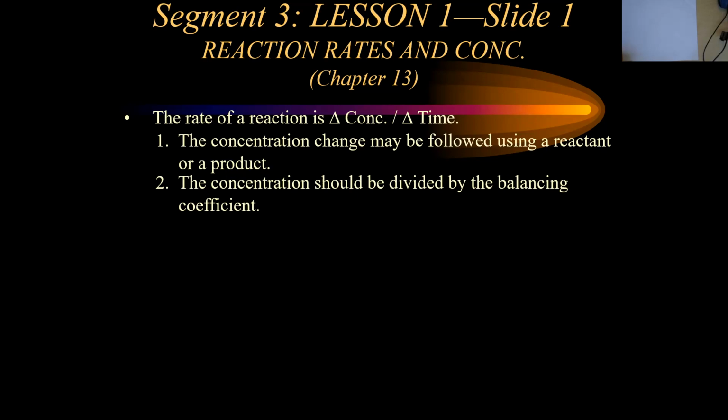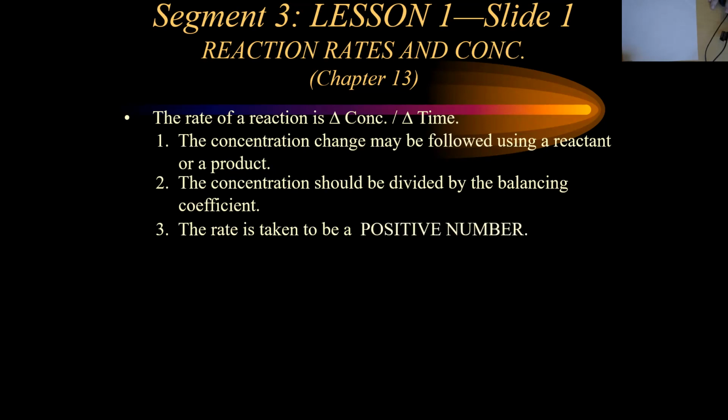The way we get that is we can normalize all of the individual ways we could measure the rate by dividing by the balancing coefficient we have used in writing the equation. So you take the change in concentration and divide by the balancing coefficient, and then that should get the same relative number regardless of what we're studying or what reaction we're doing or how it's balanced.